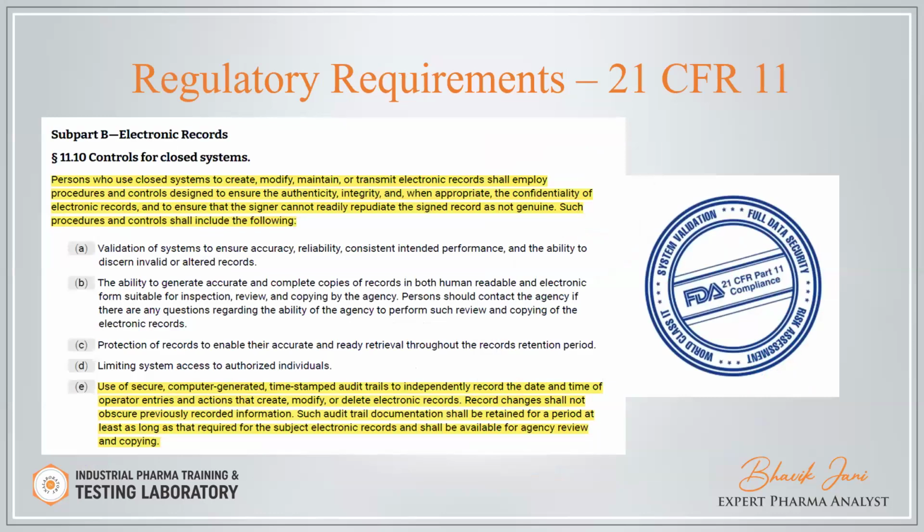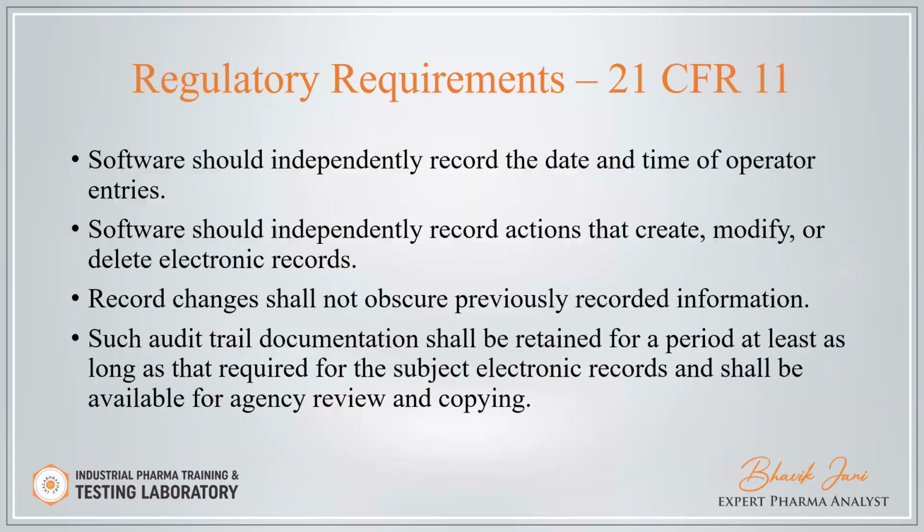Starting from 21 CFR, what does 21 CFR say about the audit trail review? 21 CFR says the software should independently record the date and time of the operator entry, and the software should independently record actions that create, modify, and delete the electronic record. This means the software should automatically capture all types of entries, like creation, modification, and deletion, with the date and time and the user name of the operator.